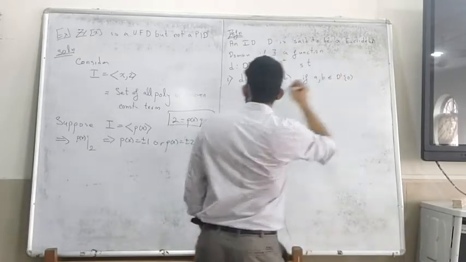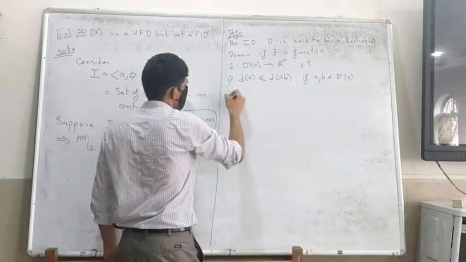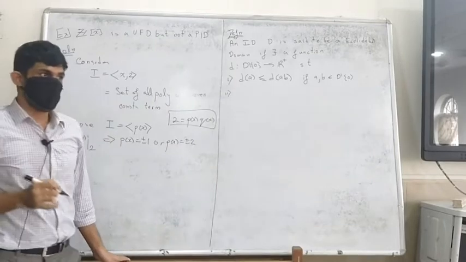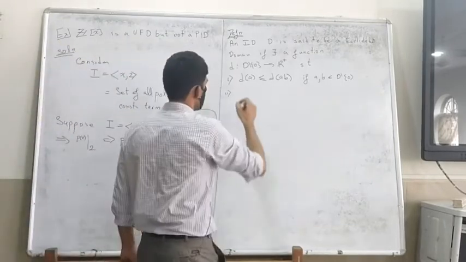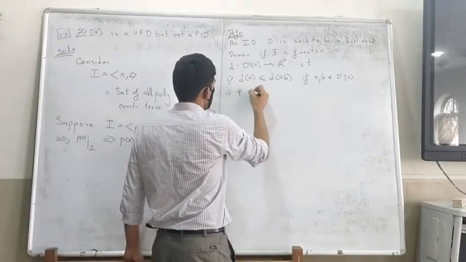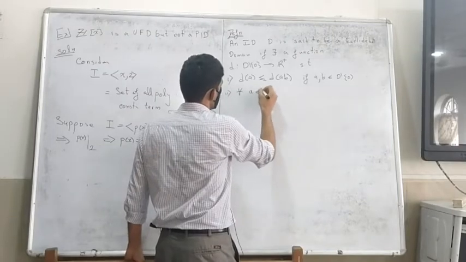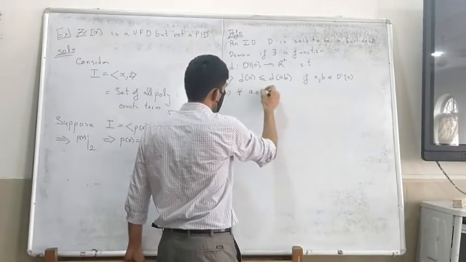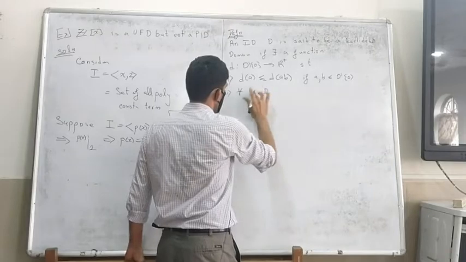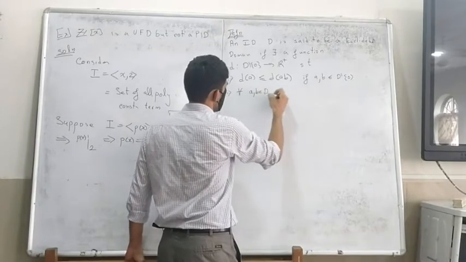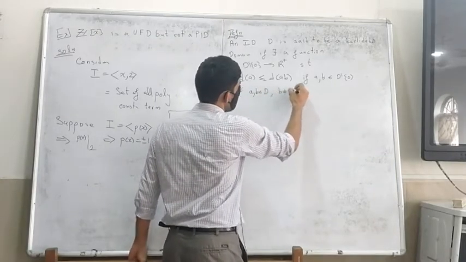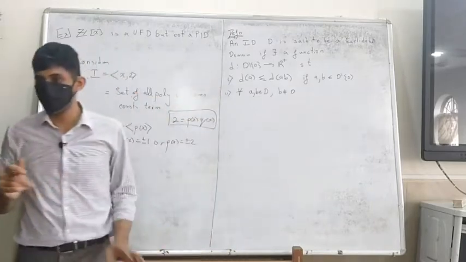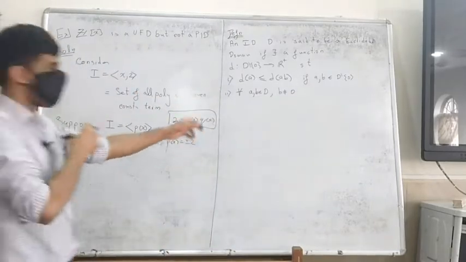And the other important one is, for any a, b in D, where b is non-zero, I should be able to divide just like how we do in the division algorithm.